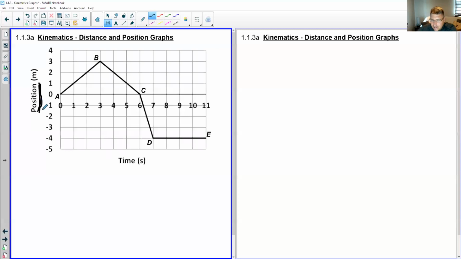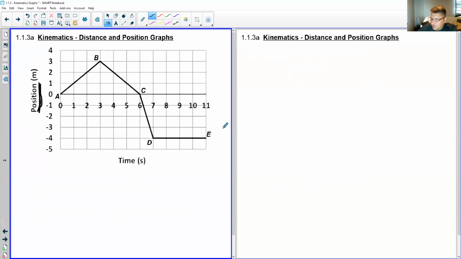So a displacement graph would tell you how far you are away from some specific position at any point in time, whereas a position graph tells us exactly where we are relative to our 0 position at any point in time. So again, we have points A, B, C, D, and E.